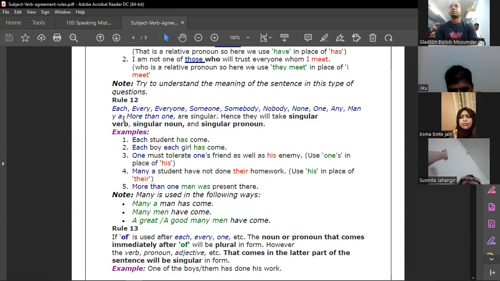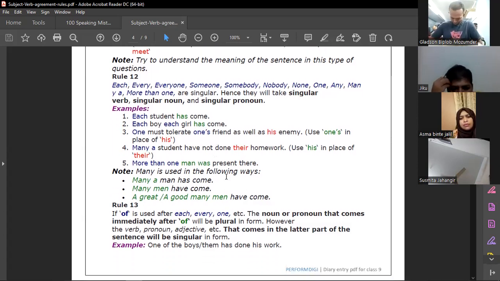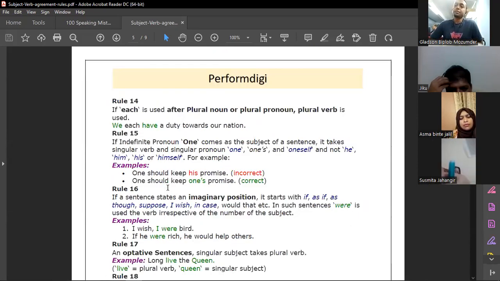Like each, every: each one is mentioned separately, so that's why it's singular. So each student has come, each boy, each girl has come. So many is used in the following ways: many a man has come, many men have come, a great, a good many men have come.